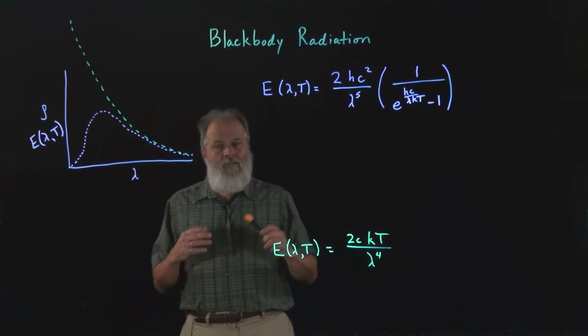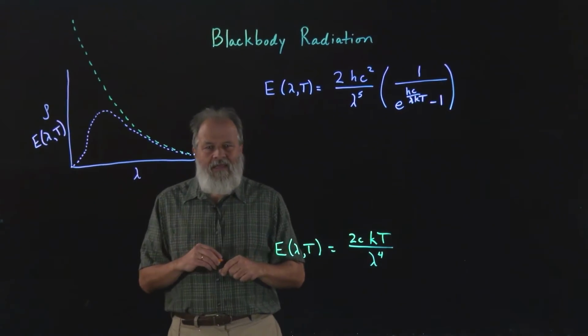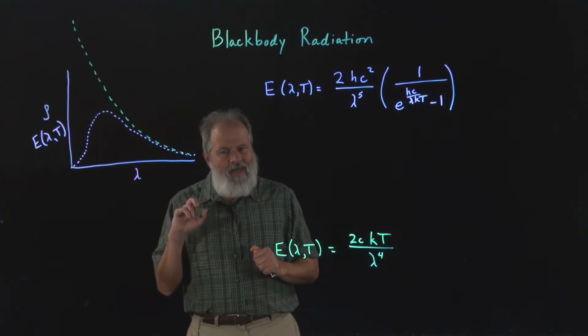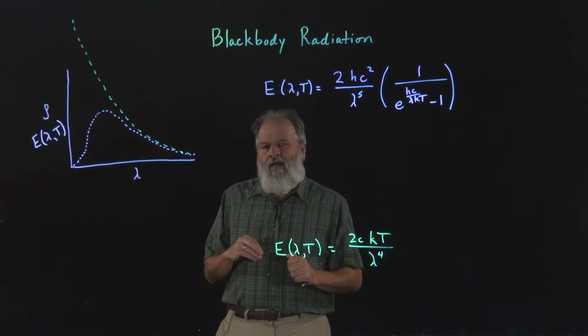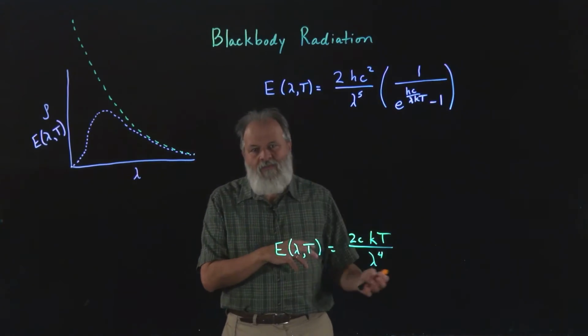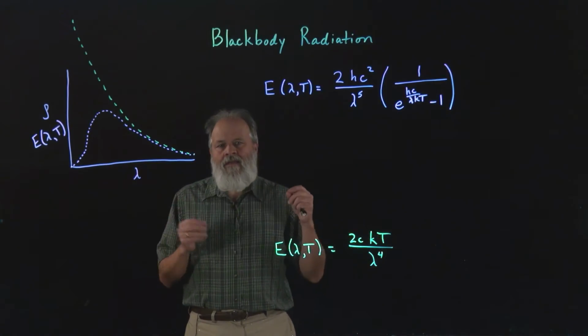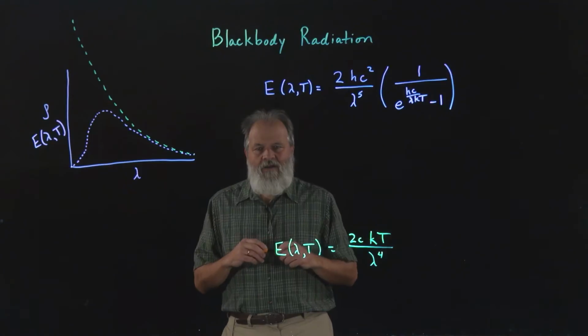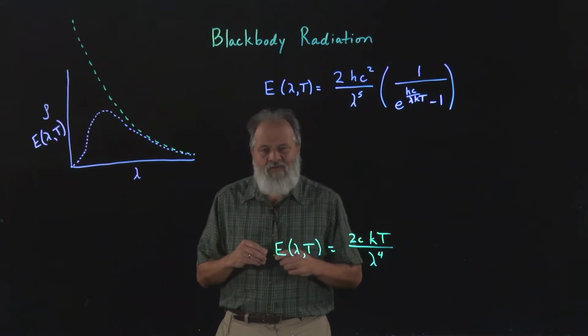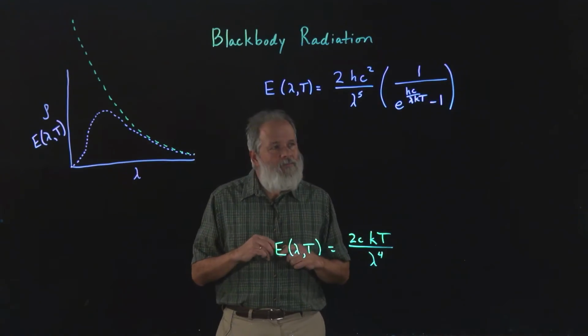Planck introduced one little idea, and he said, well, let's say that we can't put any amount of energy into a certain frequency of light or the absorber in the material, then it only can occur in chunks called h nu, or quanta. And so this is where quantum mechanics really got its start.